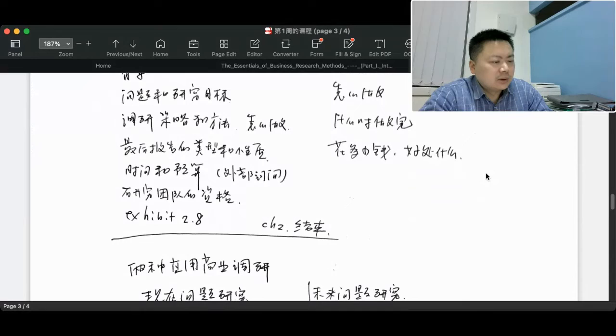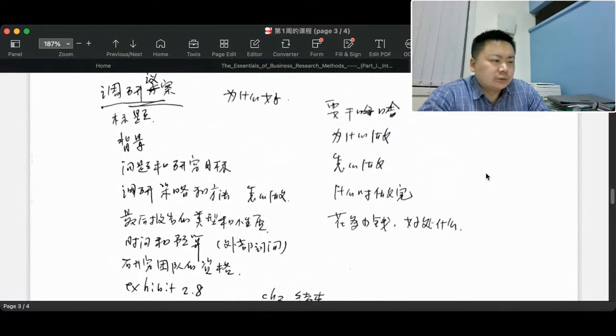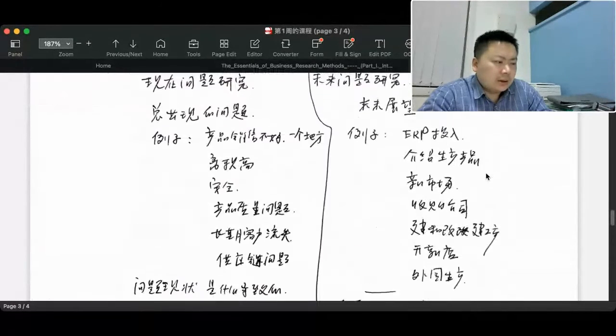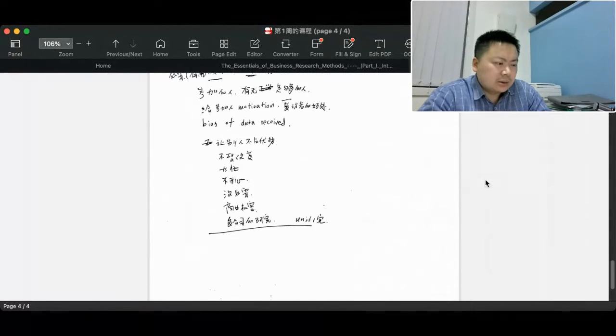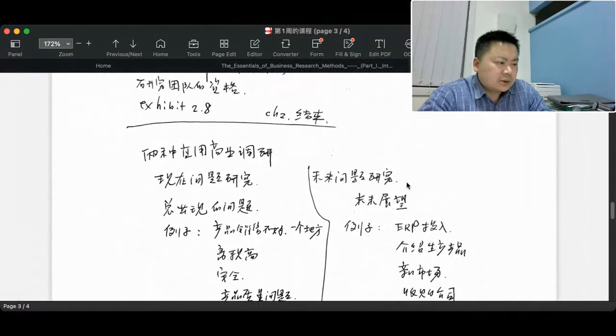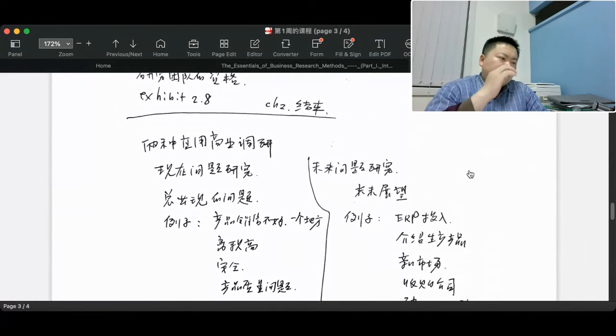Interesting. So that's the end of chapter 2. Then I have, let me just take a look. Okay, still some about two research. Okay, about business research method. One is to research about the problem now. The other is a problem of future.